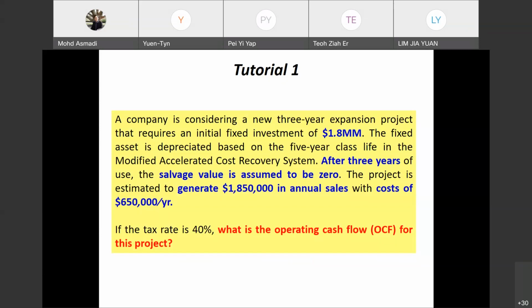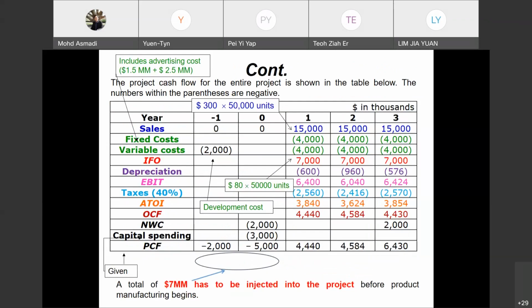And then what else? The project is estimated to generate 1.85 million in annual sales. Okay, cost 0.65 per year on the cost. So tax rate is 40%. What is the operating cash flow? So meaning that you have to calculate until here. Can you do? You have to determine this one. Okay, can you do?